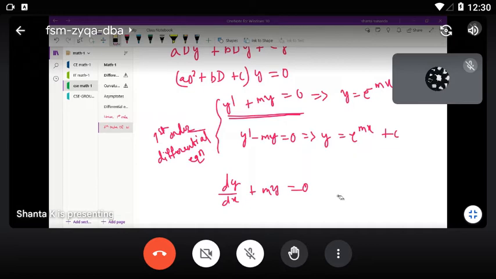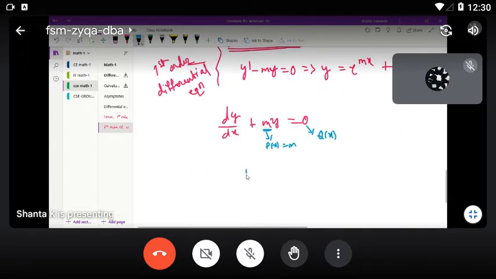If you want, we did that form. This is the p(x), q(x) form, that you can do also. That is the easier one. This m you can consider as p of x, which is a constant. If you are getting confused, simply do this one.